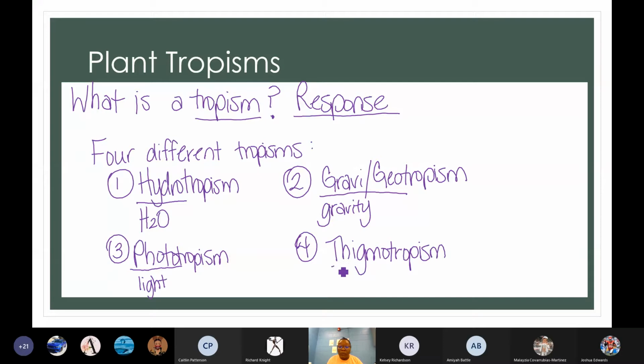And thigmo means touch. So we'll learn about how a plant responds to touch. Please take some time to finish writing these down. And the first one we're going to talk about today is hydrotropism. You may want to have your colored pencils or crayons near you so that you're able to color some pictures today.